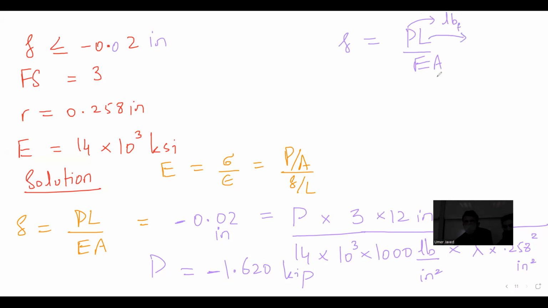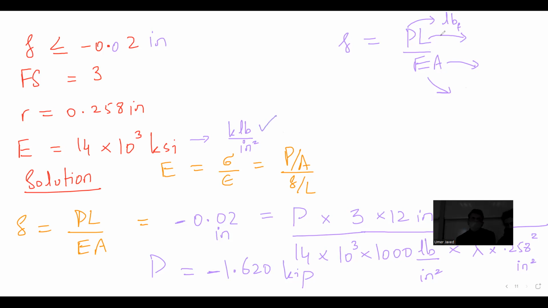Now this length, this area, and the elastic modulus is given to me as 14 into 10 power 3 kilopound per square inch, so you have K divided by in square. If I ask you to convert per inch square to per feet square, it's way complicated. So you don't change this, you keep it like this.